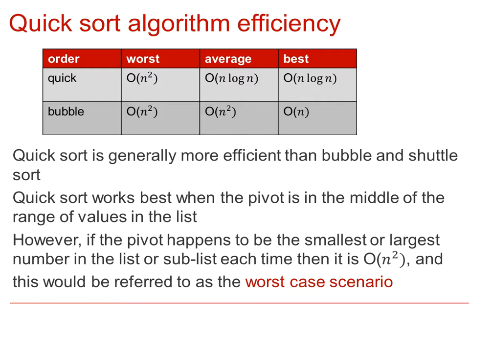So quicksort is generally more efficient than bubble and shuttle sort. Quicksort works best when the pivot happens to be in the middle of a range of values in the list. If the pivot happens to be the smallest or largest number in the list or sublist each time, then you get that worst case scenario of order n squared.